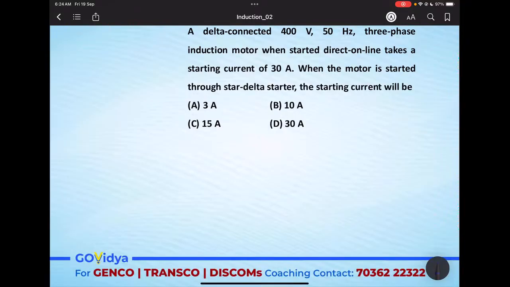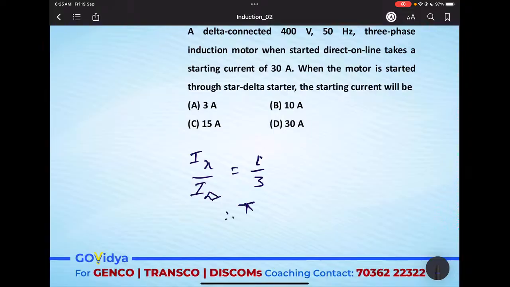The question is given as a delta connected 400 volt 50 Hz 3-phase induction motor which, when started direct online, takes a starting current of 30 amps. When the motor is started through a star delta starter, the starting current will be? In the previous session we already derived the relation: I star to I delta is 1/3.